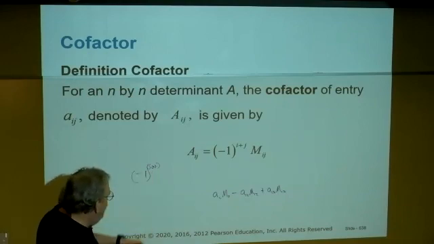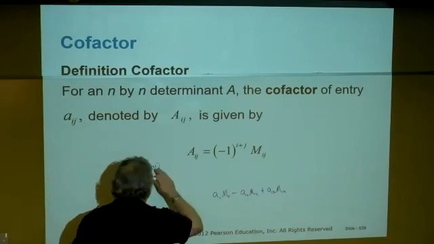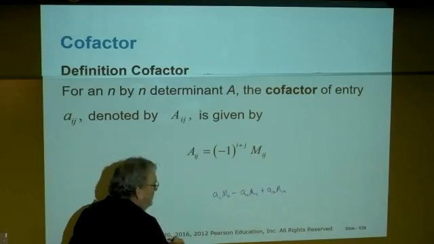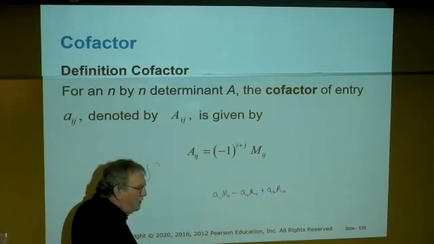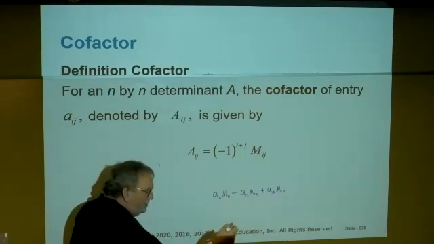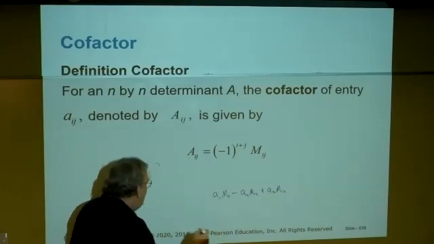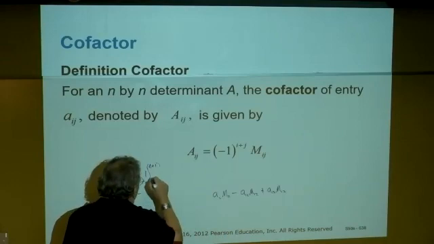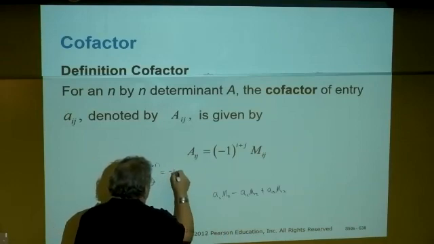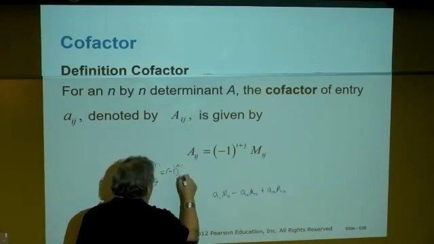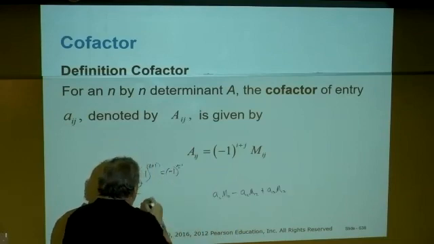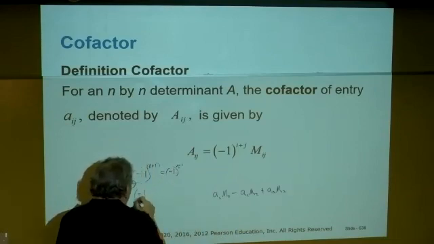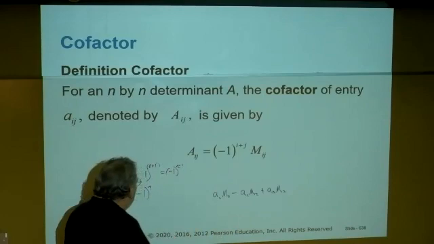This shows up in sequences. If you have a sequence where the signs alternate, positive, negative, or negative, positive, then it's going to be -1 to the n plus 1, which is the same as -1 to the n minus 1. This is the way I'm most used to seeing it, or -1 to the n.